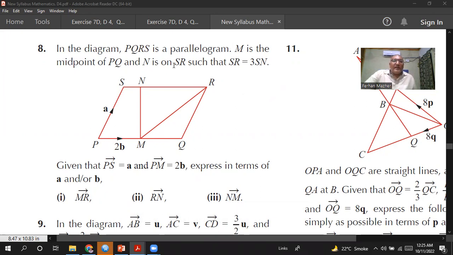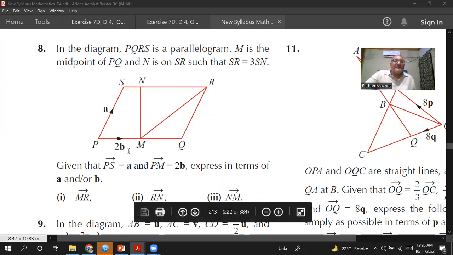Of the PQ, and then N is on the SR such that SR is 3 times SN. So if you write the SN downstairs here, so that SR is totally 3. This portion will be 1. So this portion will be 2. The total thing will be 3.